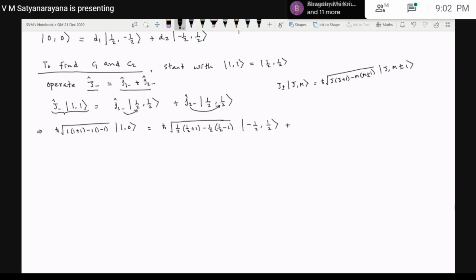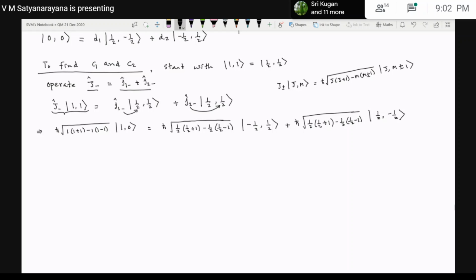Plus I have a similar factor, that is half into half plus 1 minus half into half minus 1. Now I have |1/2, -1/2>.